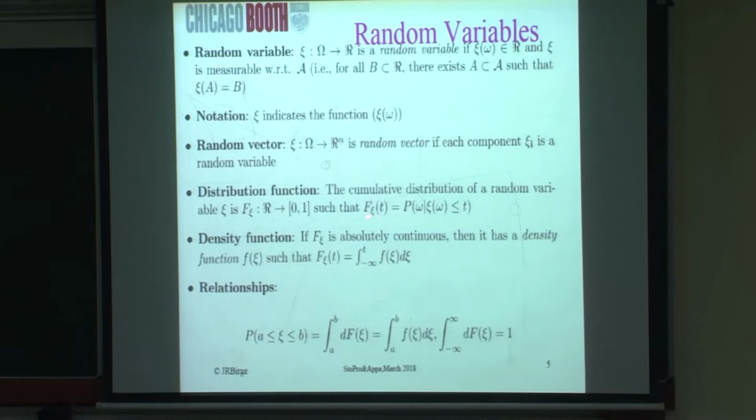of the random variable C at t. Again, it's a statement about subsets. So what is the probability assignment of the omegas in the subset where C of omega is less than or equal to t? So this is the A up here. Like I said, it's the A that maps to B. So what's the A that maps to everything that's less than or equal to t? The A that maps to that is the omega such that C of omega is less than or equal to t.